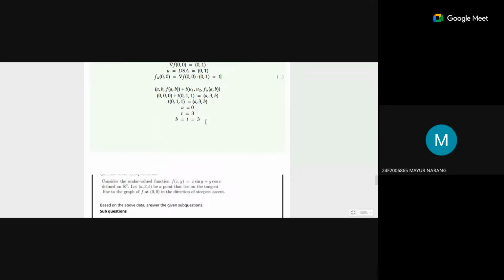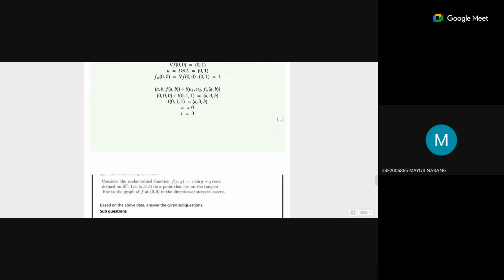Here the problem is a is coming out as 0, but 3 is coming here and 3 on the other side.